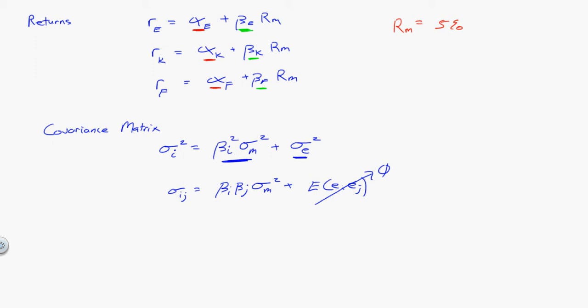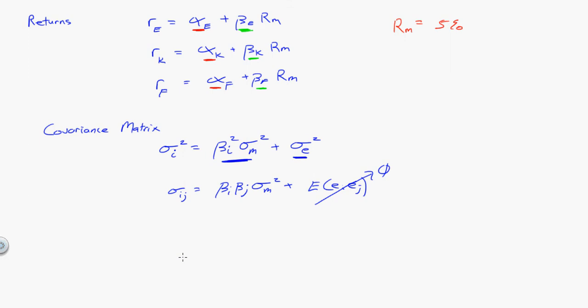I know that the model is not going to describe the energy sector perfectly, or the tech sector, or the financial sector. It's not going to describe any individual asset perfectly. There's going to be some error in this. But the error on an individual stock should be unrelated to the error on another stock. So the market model, the CAPM, is not going to predict the returns for Apple perfectly.